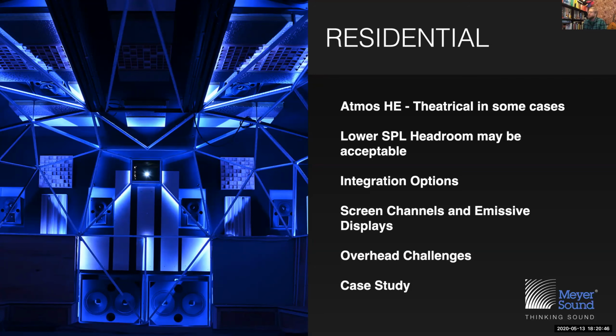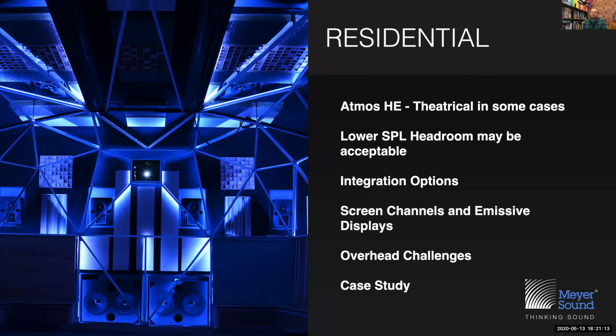And a few things I'm going to talk about in the residential cinema field is the different integration options that come up with residences, because a lot of times those places they want to recess speakers or do interesting or challenging things that lead to some interesting discussions, more so than often in post-production. So we'll talk about that.